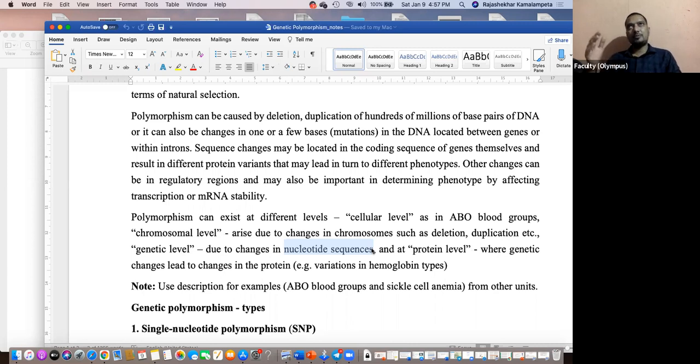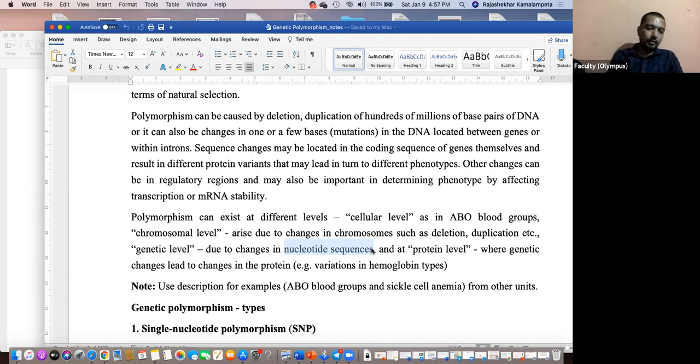Some people carry HbA, some people carry HbS. What are they? I'll tell you later. We're going to talk about this as a case study in biochemical genetics. But at the protein level also, we do see differences among humans. Like that, polymorphism can exist at different levels, from the cellular level to the DNA sequence level.